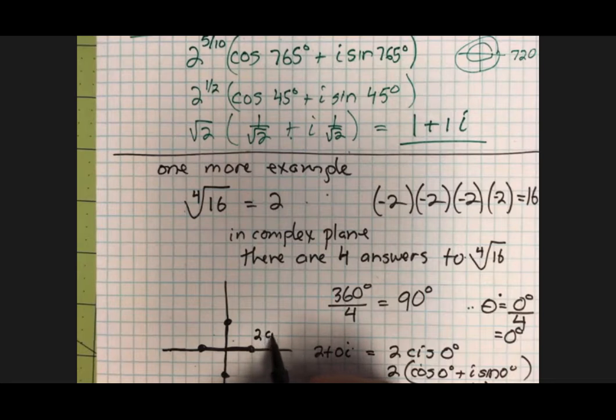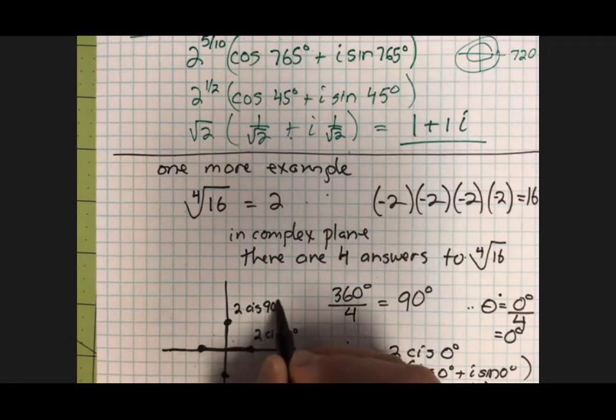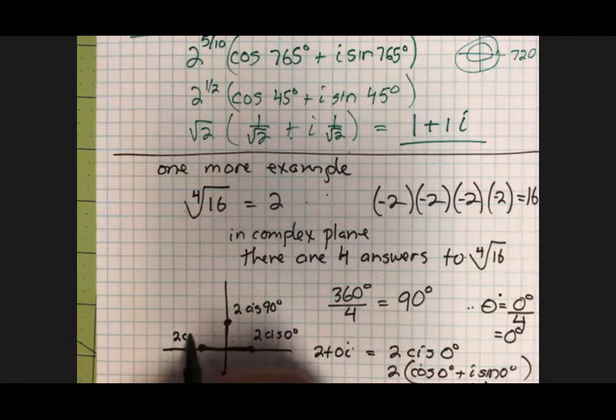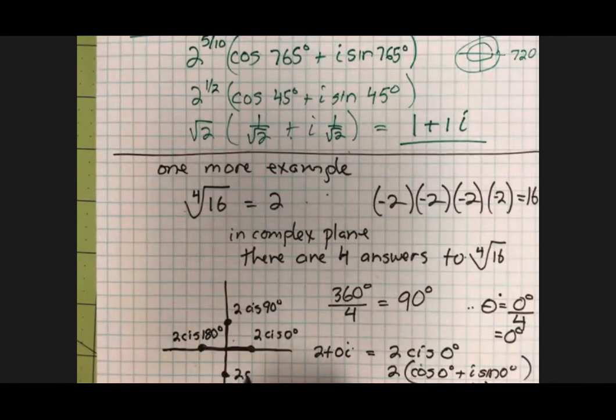This is 2 cis 0 degrees. This is 2 cis 90 degrees. This is 2 cis 180 degrees. And this is 2 cis 270 degrees.